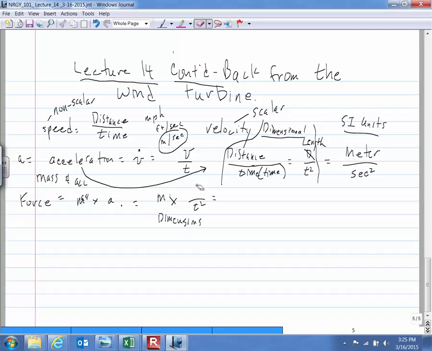Let's erase this for the folks at home that are going to look at this later. Is that T under there supposed to be time squared? Yes. You mean you can't remember anything? It is time squared. Okay, there it goes. It looks like mass times length. And what are the SI units for mass? Kilogram. And what's the SI unit for length again? Meter per second squared.